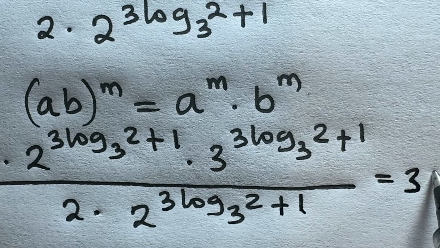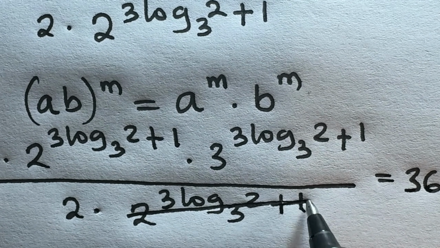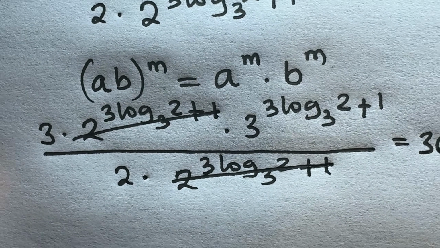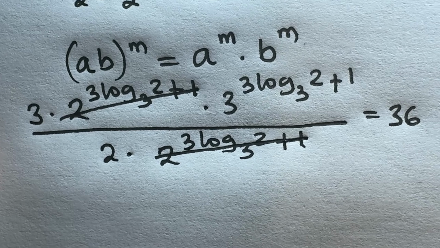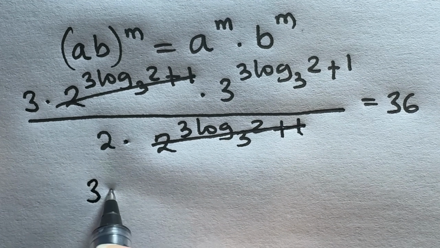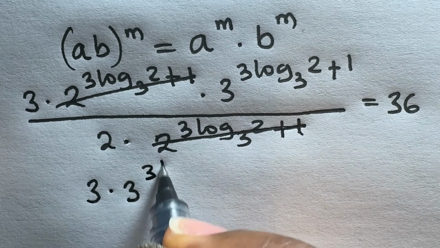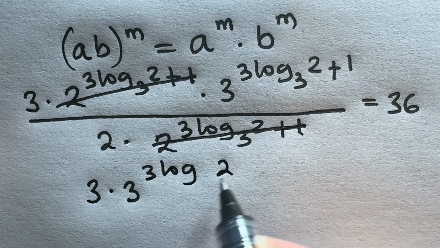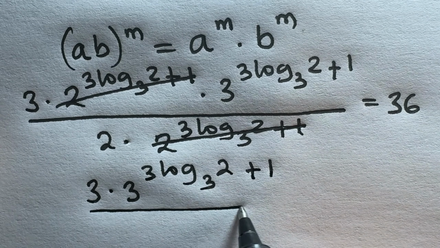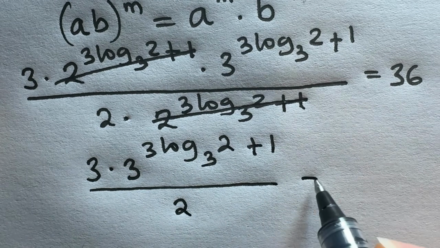All of this we'll cancel, giving us 3 times 3 raised to power 3 log 2 base 3 plus 1 divided by 2 to give us 36.